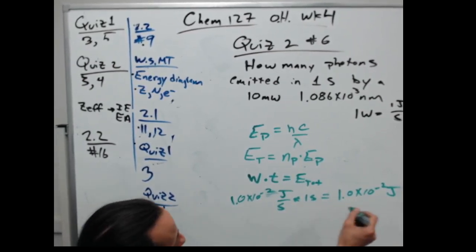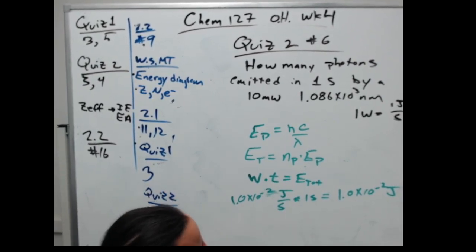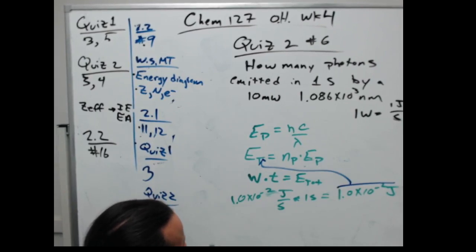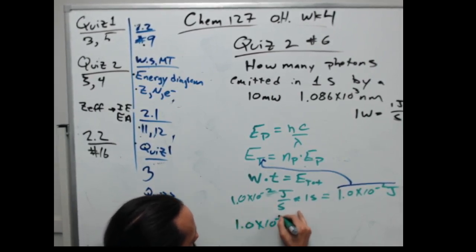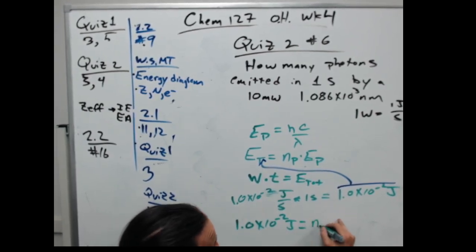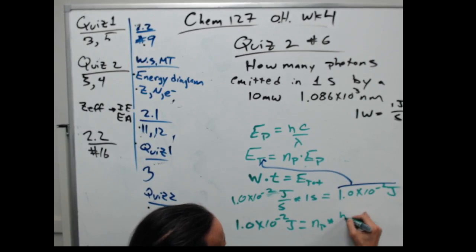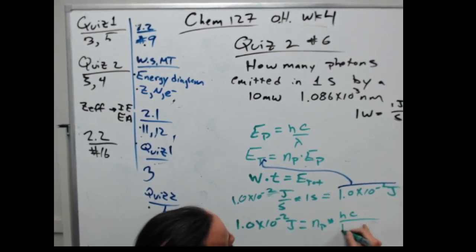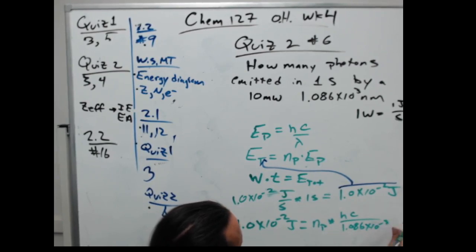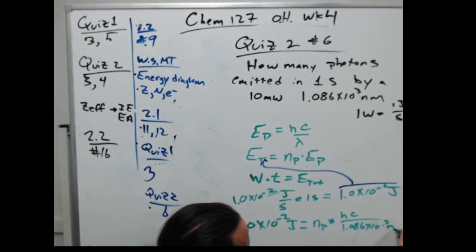Then I can plug that total energy in. 1.0 times 10 to the minus 2 joules is equal to the number of photons times hc over 1.086 times 10 to the positive 3 nanometers.